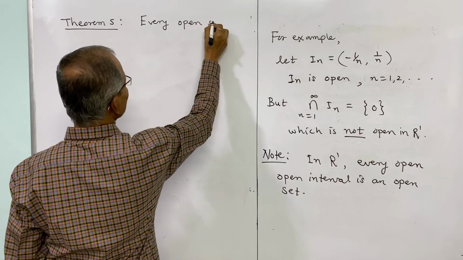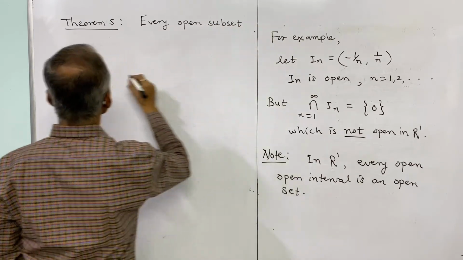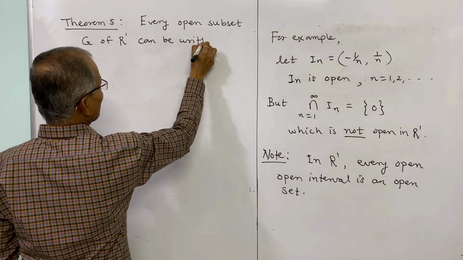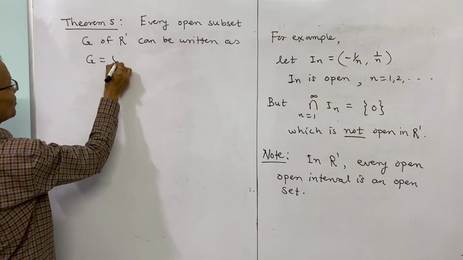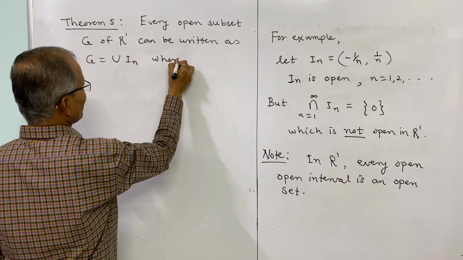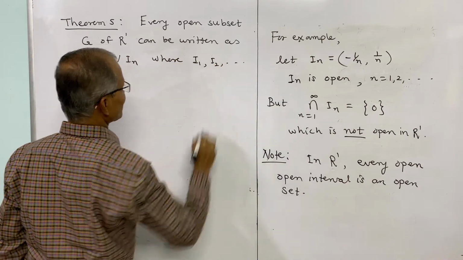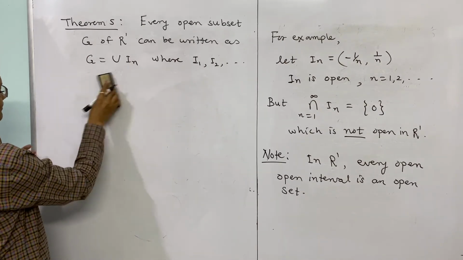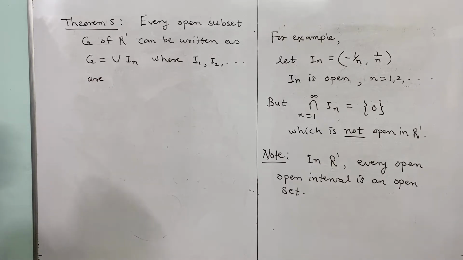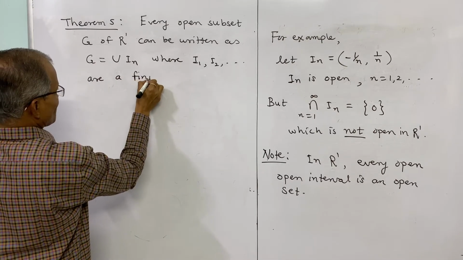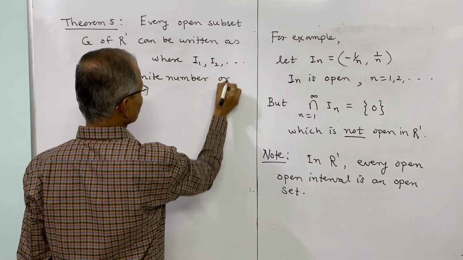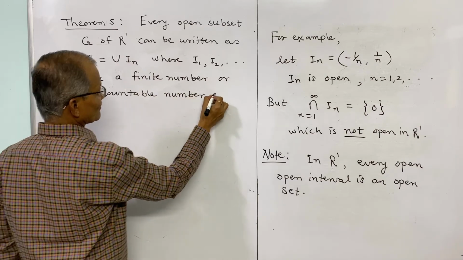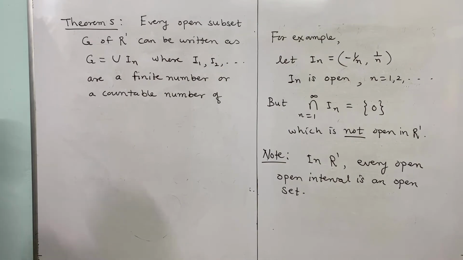Every open subset G of R1 can be written as G is equal to the union of Im, where I1, I2, etc. are a finite number or countable number of mutually disjoint open intervals.